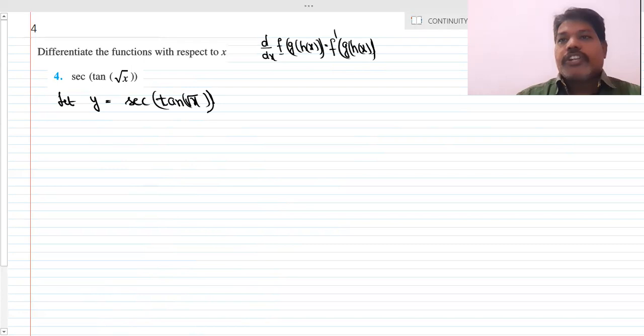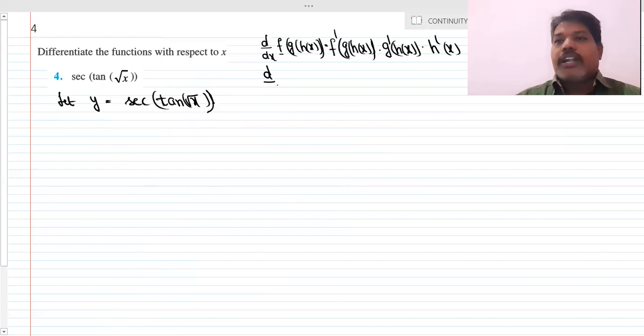First you have to differentiate f. Next you have to differentiate this function, that is g dash of h of x. Next you have to differentiate h of x, so you will get h dash of x.